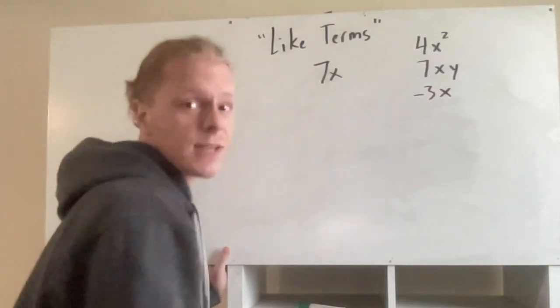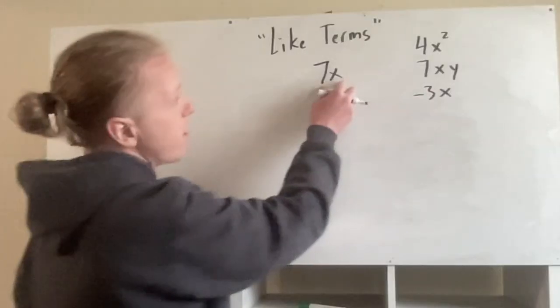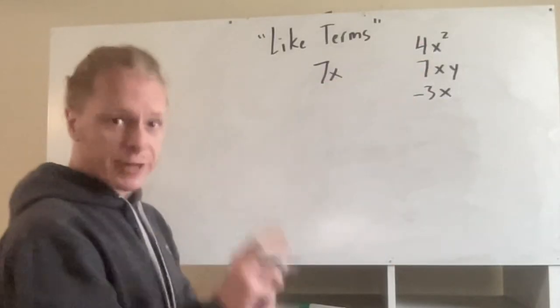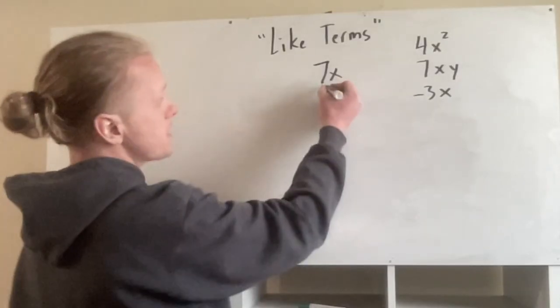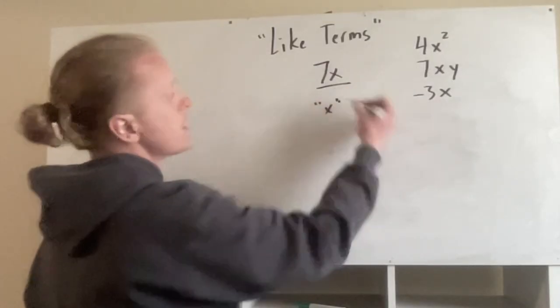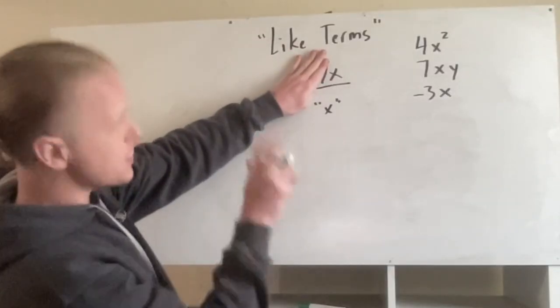Okay, so the next concept we're going to talk about is like terms. So here we have 4 different terms. Now, 2 terms are like terms with each other if the variable is the same. So this term here, 7x, is what we would call an x term. We just ignore the coefficient, it becomes an x term.